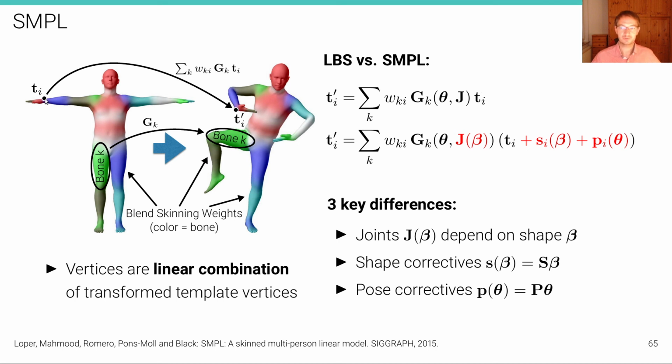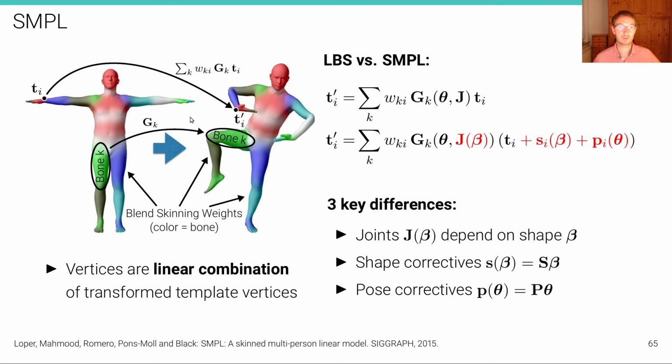In addition to simply taking that point Ti on the surface in the canonical rest, what's called the rest pose, and transforming that point to yield Ti prime, what is added to that point Ti already in the canonical space are two correctives, a shape corrective S and a pose corrective P. The shape corrective allows the model in the rest pose to accommodate different shapes, to accommodate heavy people and to accommodate thin people, for example.